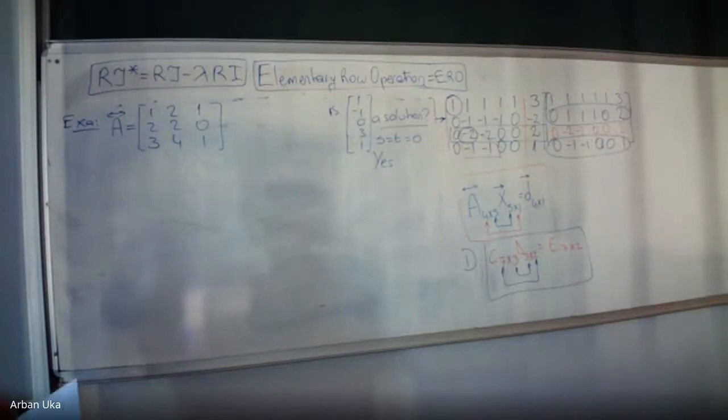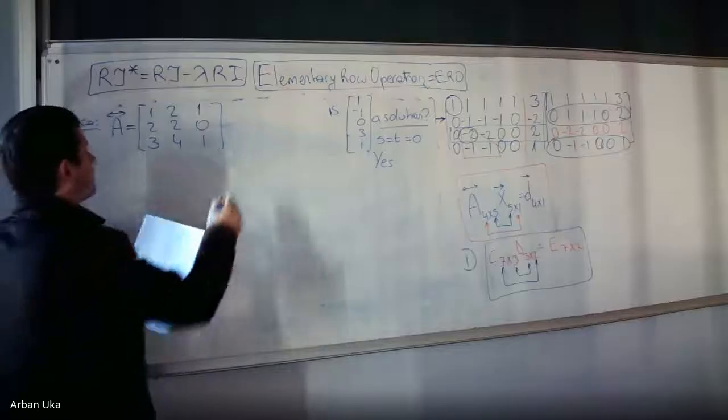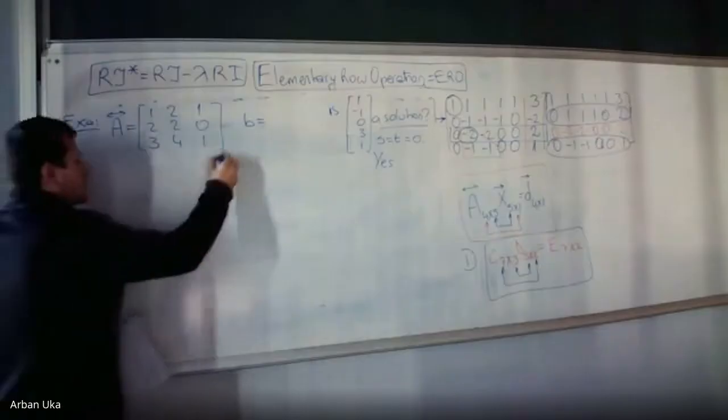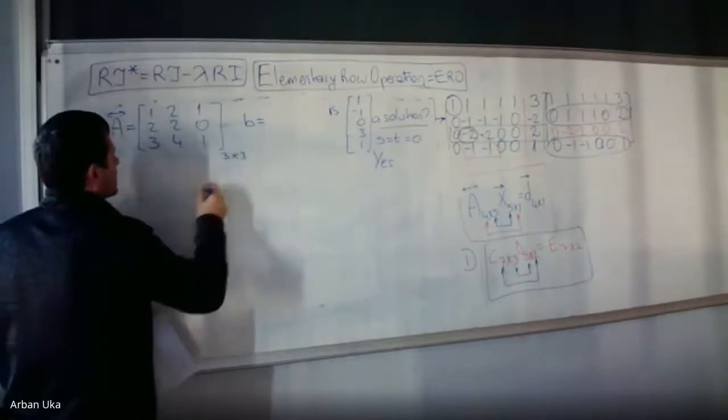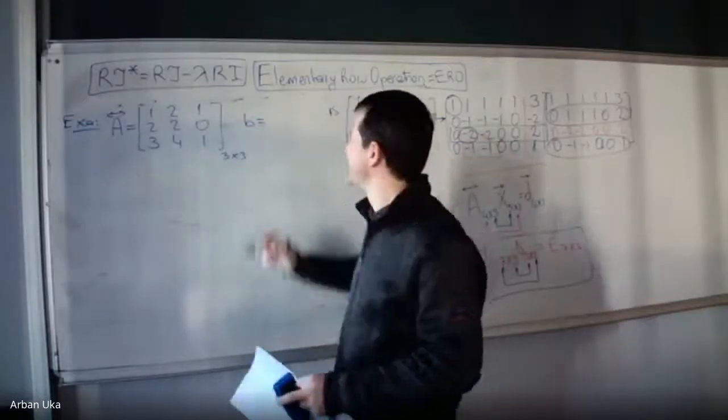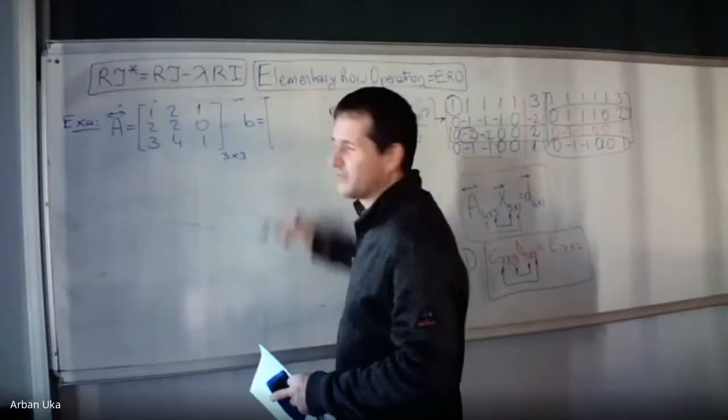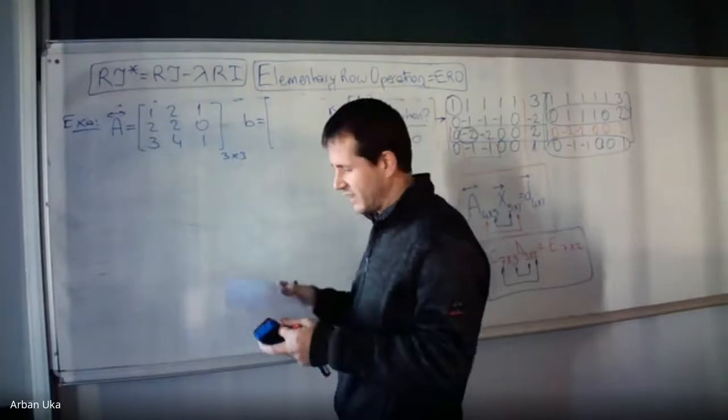Do you observe anything for this coefficient matrix? It is a square matrix, 3 by 3, the first thing. What else? There's a 0 in it. It is almost half sparse, so it's a simplified one. Anything else?